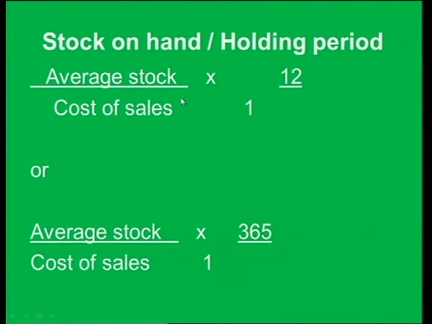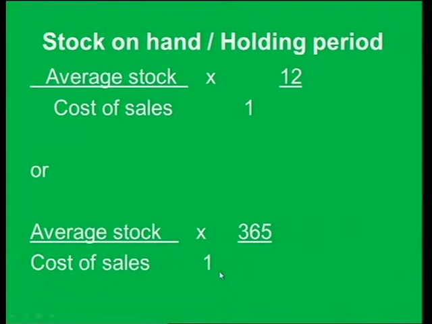It's the balance of my stock at the end of last year plus the balance of my stock at the end of this current year divided by 2. Okay? If they ask the answer to be the number of months, then you will say times 12. Or if the question says number of days stock on hand, you will obviously say times 365 over 1.